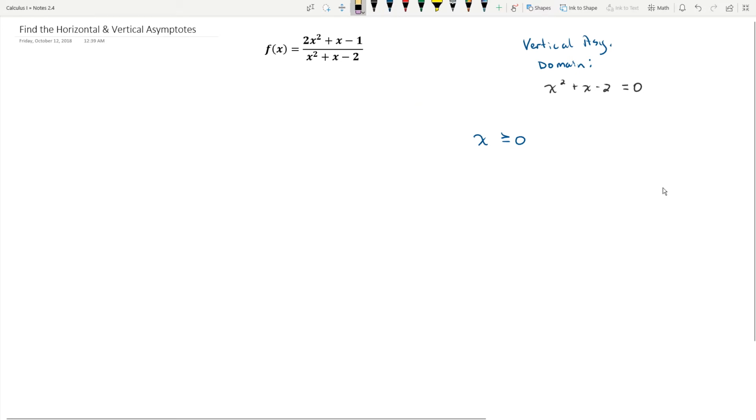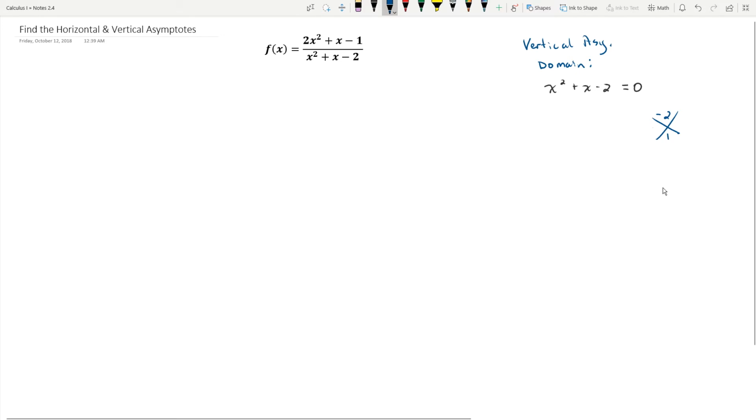So just be aware of what type of problem you're working with so that you can find those vertical and horizontal asymptotes. In this case, let's continue on, and we will find that this is -2. So first term multiplied by the last term, and then we have 1 for the middle term, and we're going to find two values that when multiplied give us the top, and when added together give us the bottom.